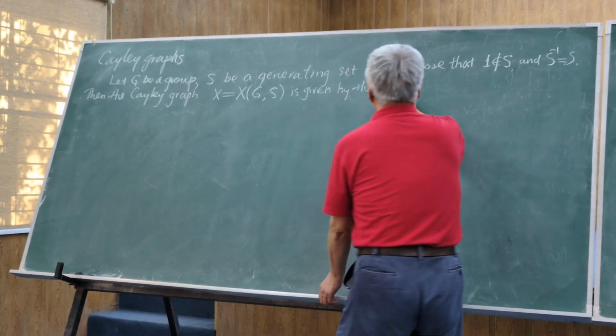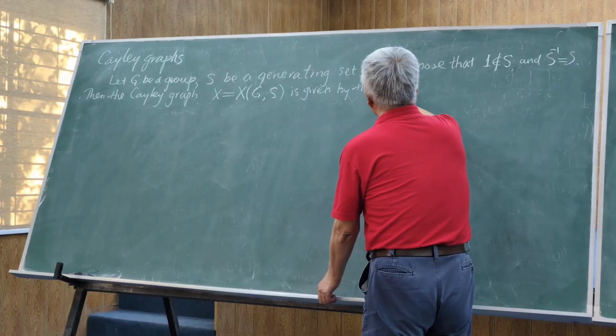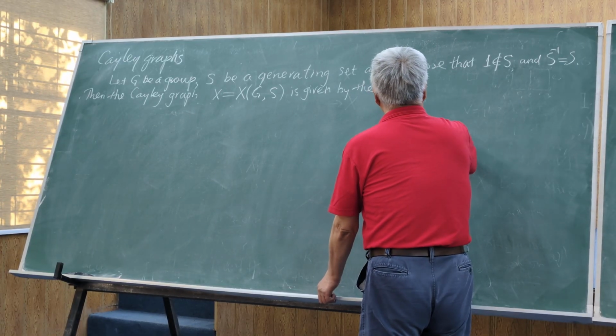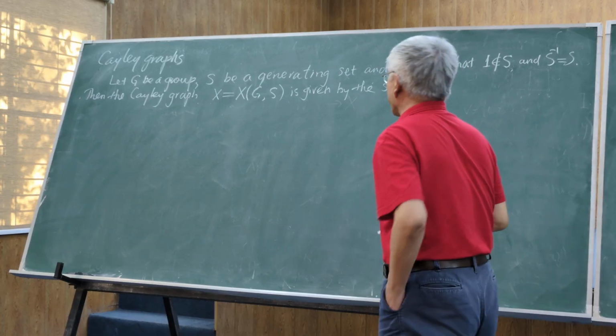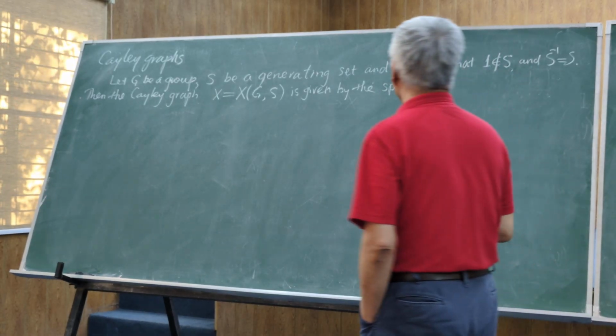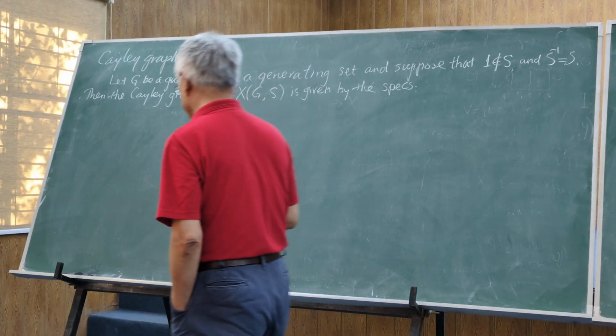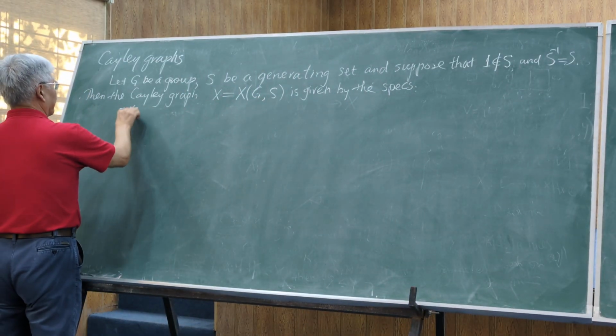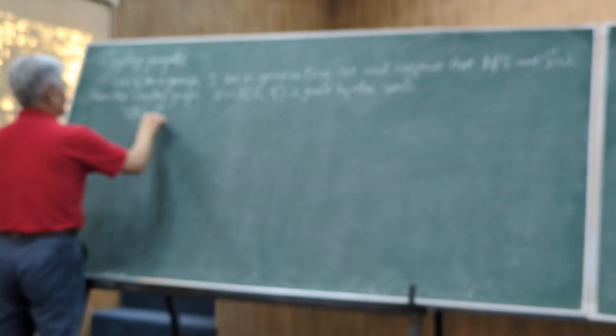It's an undirected graph given by the specification. The specification is that the vertex set is G, and there is an edge set.